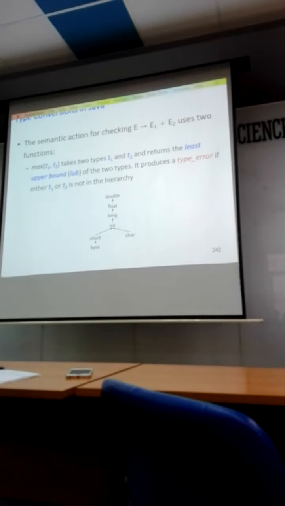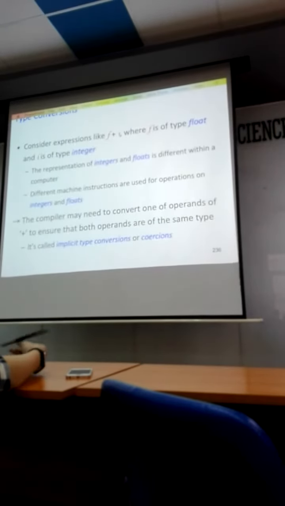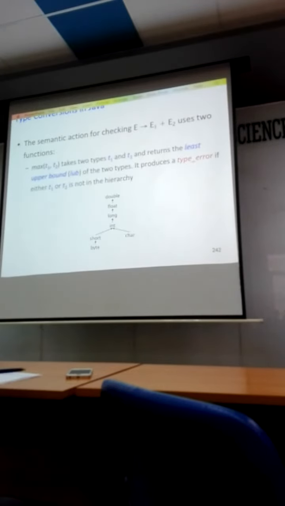But using narrowing conversions, the information will be lost. So implicit type conversions in most programming languages are limited to widening conversions only. And this is the widening hierarchy in the Java programming language.